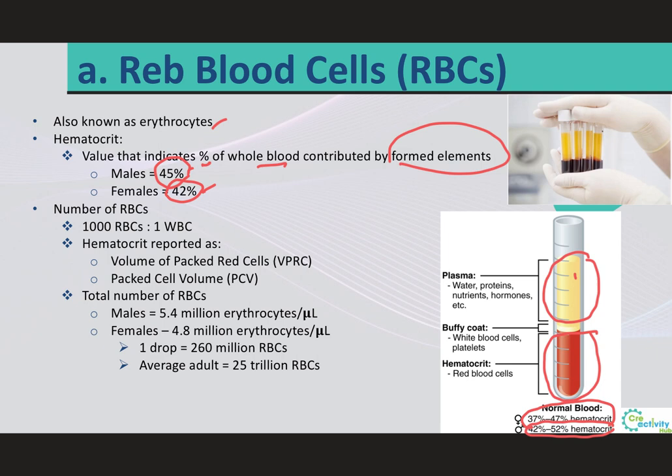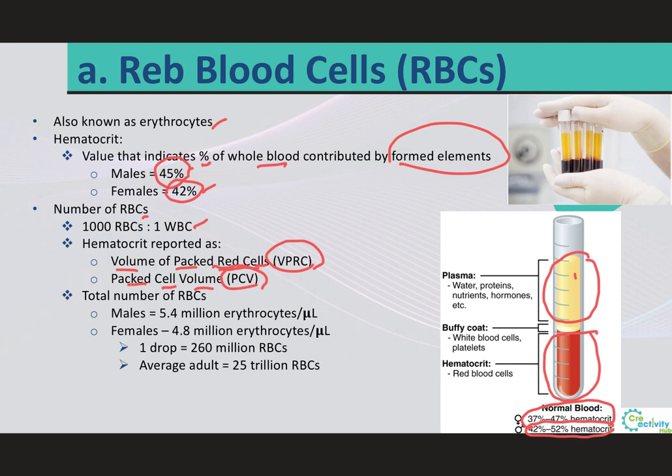And because whole blood contains roughly 1,000 red blood cells for each white blood cell, the hematocrit closely approximates the volume of erythrocytes. As a result, hematocrit values are often reported as the volume of packed red cells, or VPRC, or simply the packed cell volume, which stands for PCV.